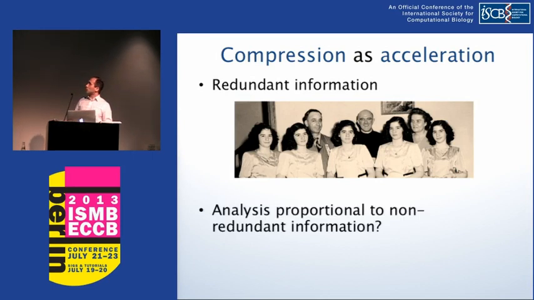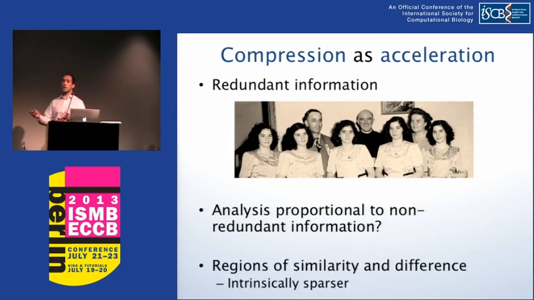And really what we want to do, because this is the fundamental bound, is not computation that scales with the size of the database, but computation that scales with the entropy of the database, the total non-redundant information. And to drive this intuitively, when we ask biological questions, typically what we're asking is what regions of the genome are similar between people or to our reference, and what regions are not.